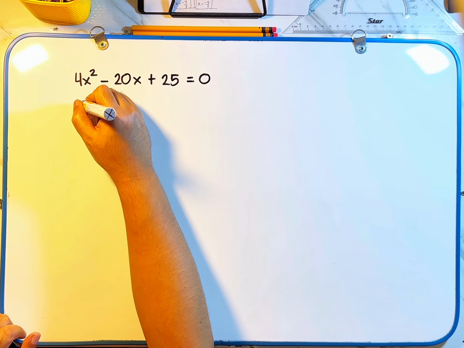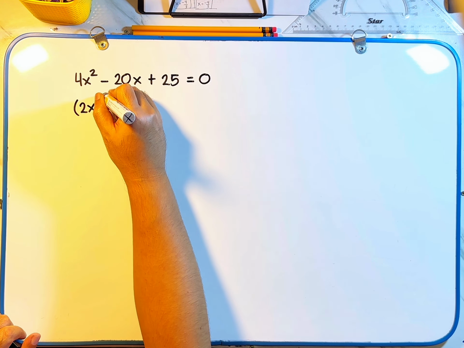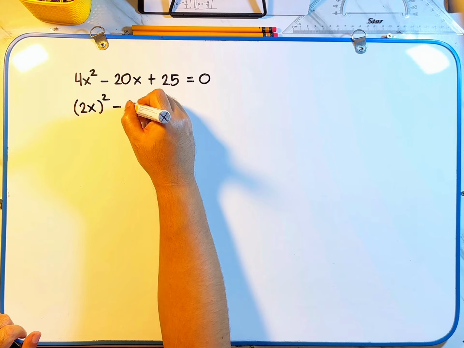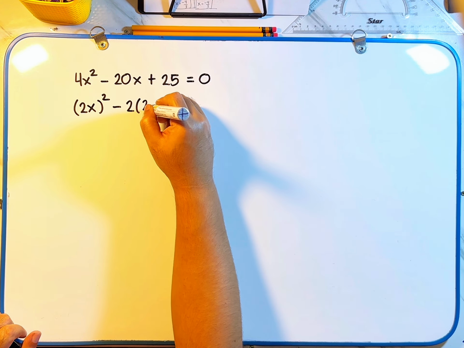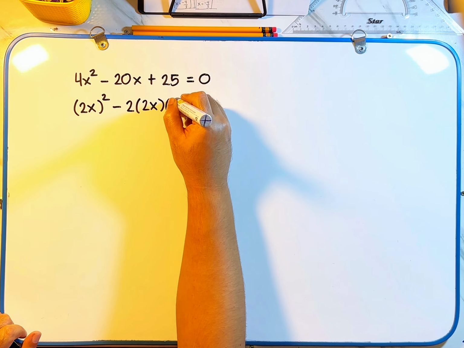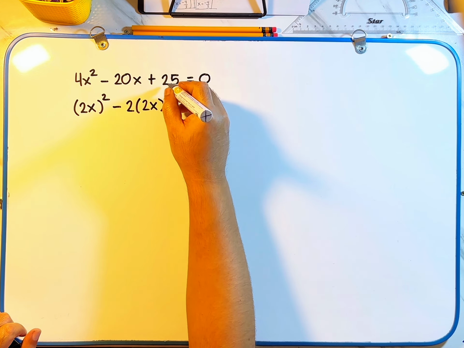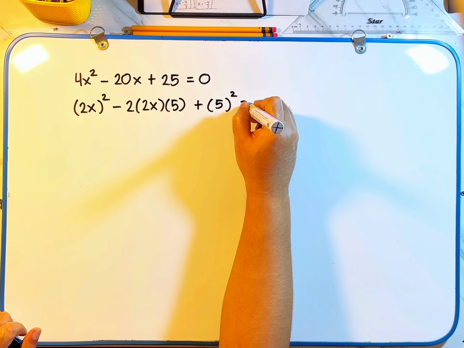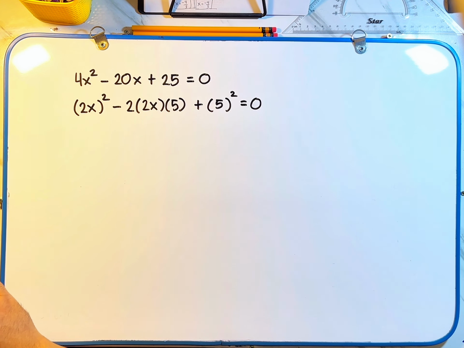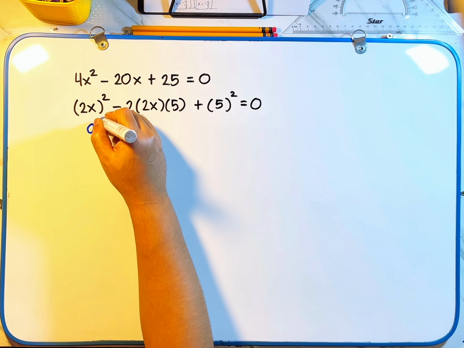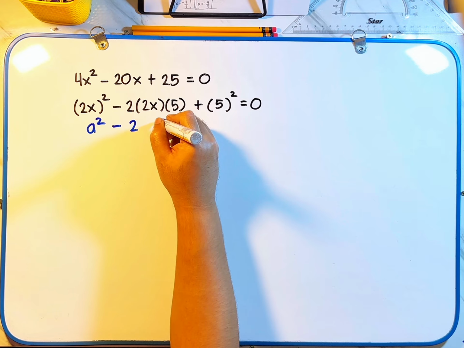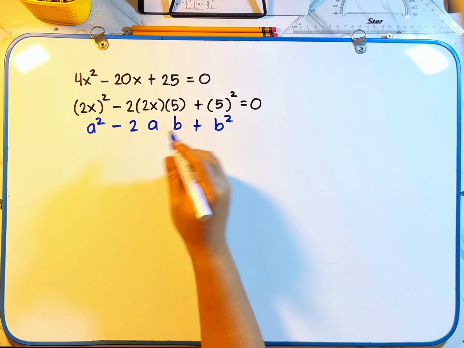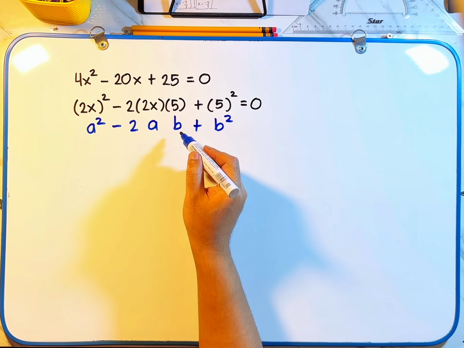For x squared is (2x) squared, and then negative 20x can be written as minus 2 times 2x times 5, and then 25 is 5 squared, equals 0. Now, this is in the form of a squared minus 2ab plus b squared. A is 2x, while b is 5.